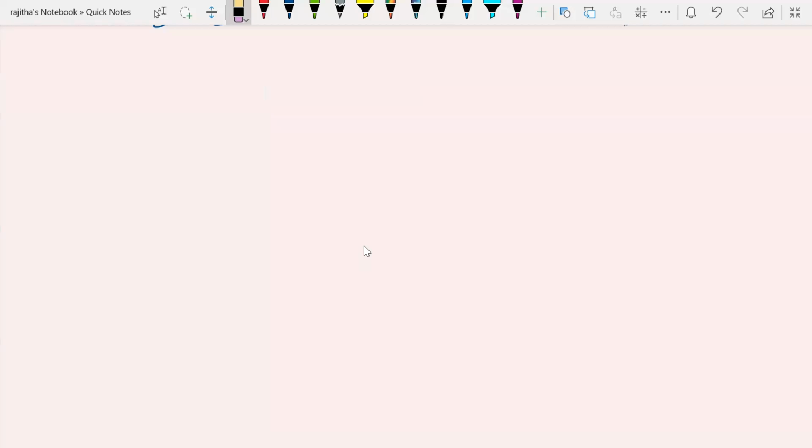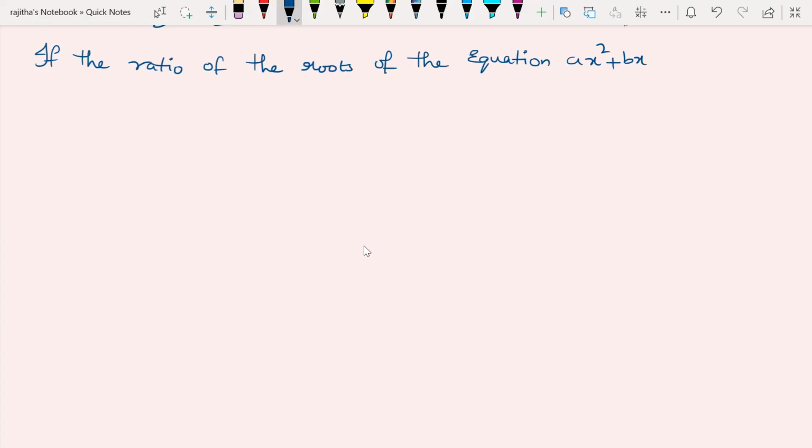First one is: if the ratio of the roots of the equation ax square plus bx plus c is m is to n, then AC into (m plus n) whole square is equal to b square mn. Okay, so this is one of the conditions.